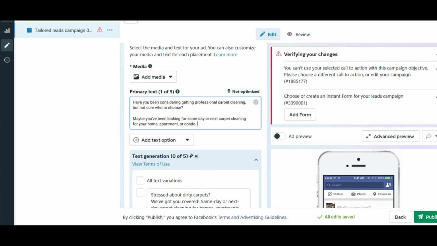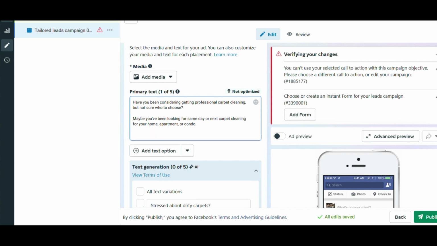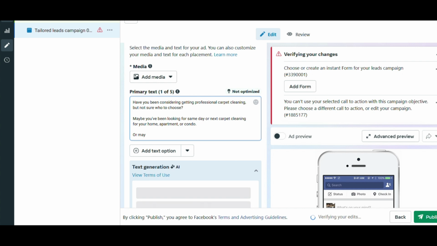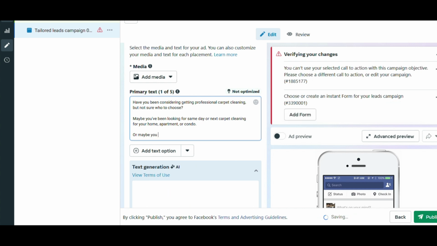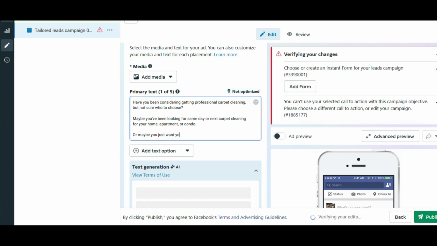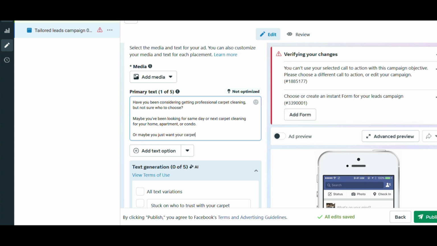But in this aspect, maybe you've been looking for same day or next day carpet cleaning for your home, apartment, or condo, or maybe you just want your carpets deep, clean, and fresh.